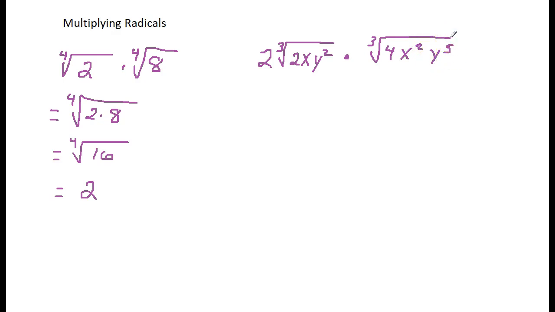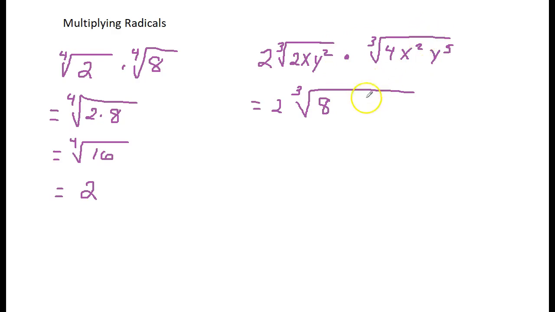All right. Well, first thing we're going to do, I'm going to recopy that 2 on the outside. I'm going to make one great big radical, and it is a cube root. Both are cube roots, so that means, yes, I can multiply them. I'm going to multiply the numbers. 2 times 4 makes 8. x times x squared, you just add the exponents together.